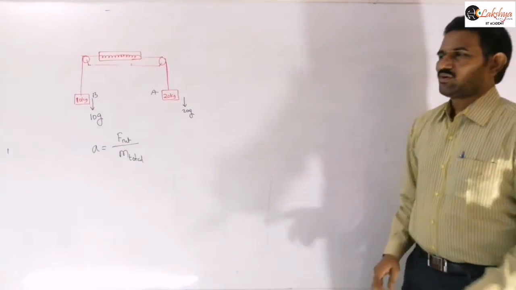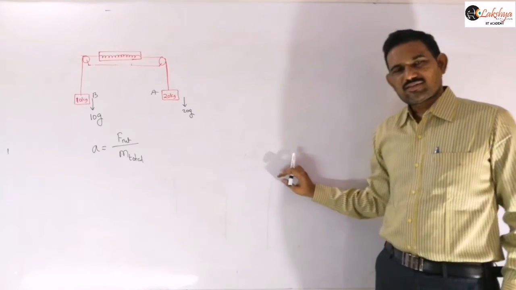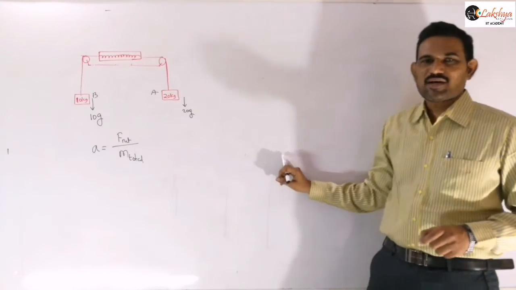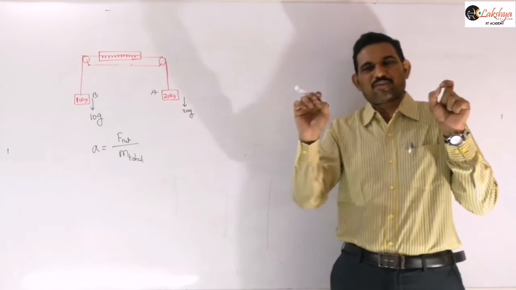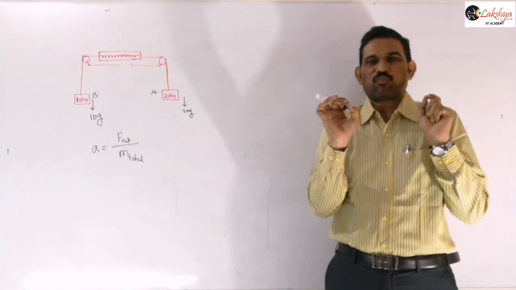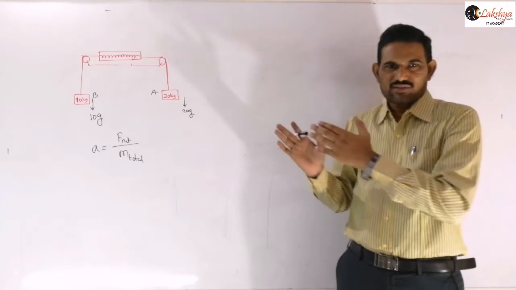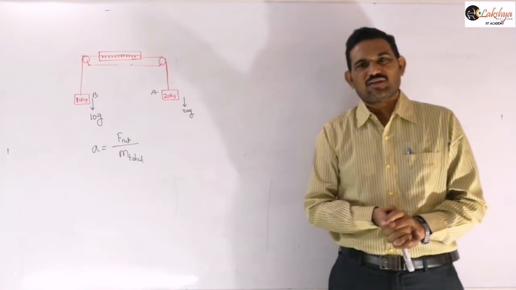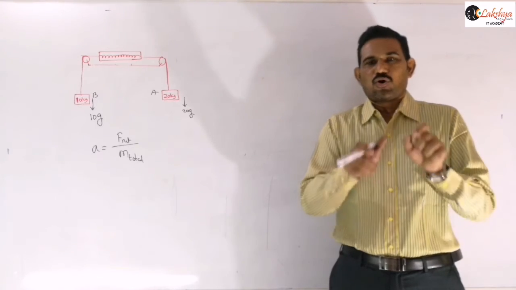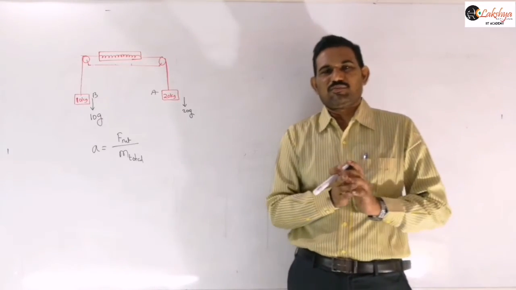What actually is a spring balance? As I said, generally, at both ends of the spring, equal and opposite forces will be there, as we discussed in our previous cases. The magnitude of that force is what we call the reading of the spring balance, right? Similarly here, equal and opposite forces will be there.